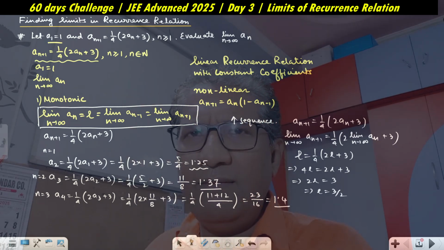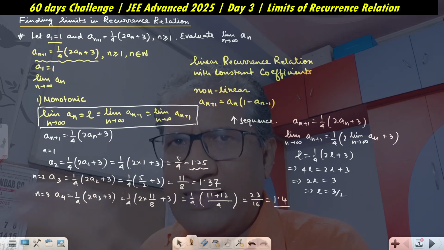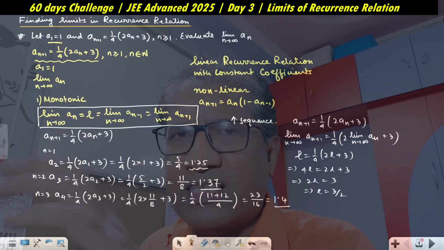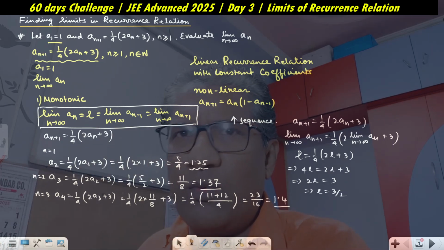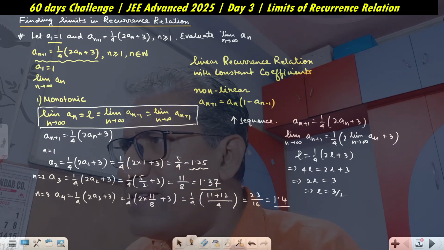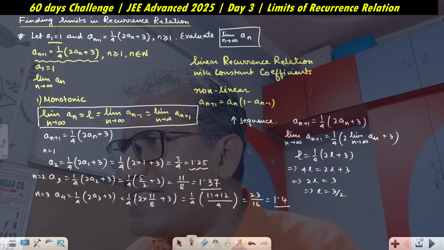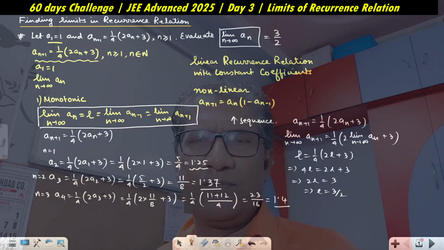Now what we have seen is that the limiting value is convergent. The limit is converging to the value 3/2, which is greater than 1. So this limit exists and its value is 3/2. That's it.